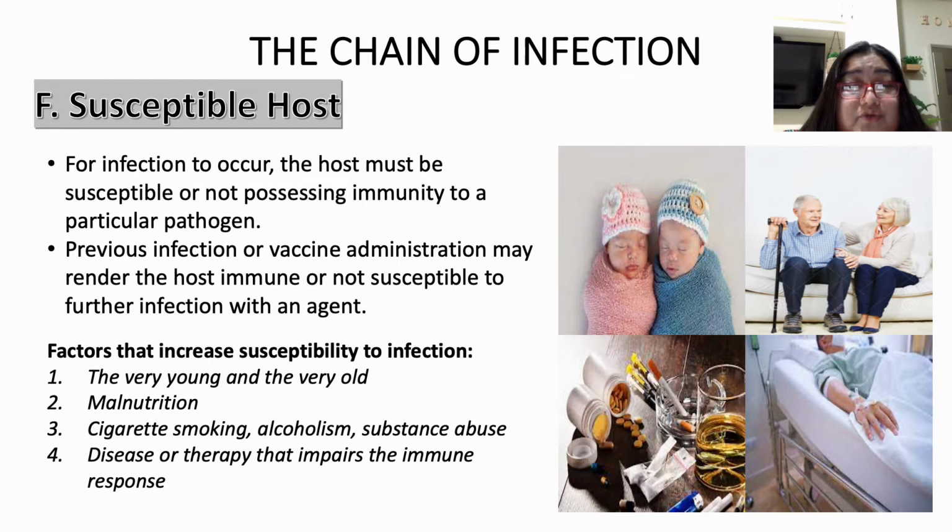Previous infection or vaccine administration may render the host immune or not susceptible to further infection with an agent. However, although exposure to potentially infectious microorganisms occurs essentially on a constant basis, people have elaborate immune systems that generally prevent us from having infection.